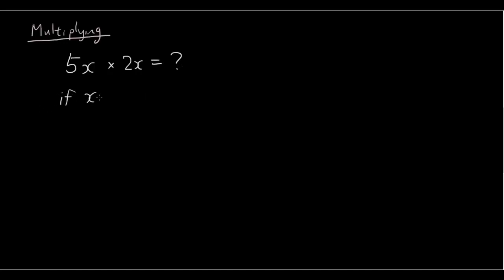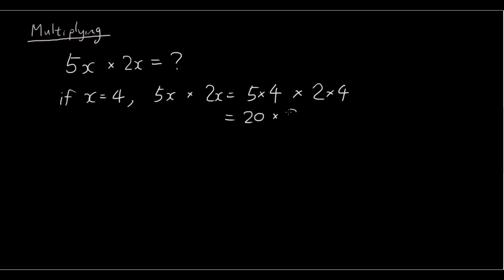If x equals 4, 5x times 2x will be 5 times 4 times 2 times 4. 5 times 4 is 20, 20 times 2 times 4 is 8. So that'll be 160.